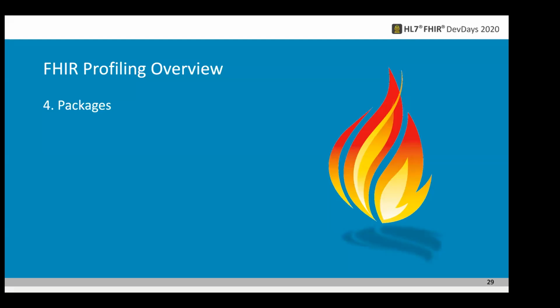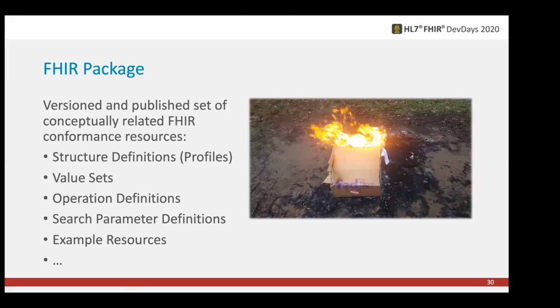Okay, so now we have our structures, our profiles, we have our extensions. We also have the capability of creating value sets and search parameters and operation definitions. In the end, you will have a whole set of conformance resources. That whole set can be packaged.